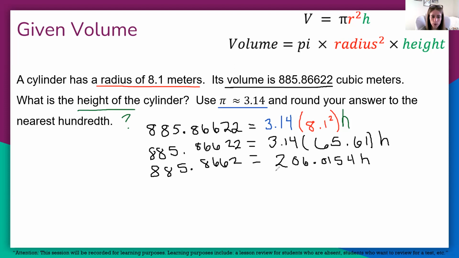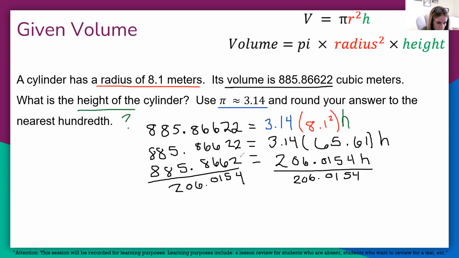Okay, we need to get h by itself. Let's divide here. I'm doing all this writing. You guys may even already have the answer, which if so is amazing. All right, I'm going to be very careful when I type this into my calculator. So 885.8.